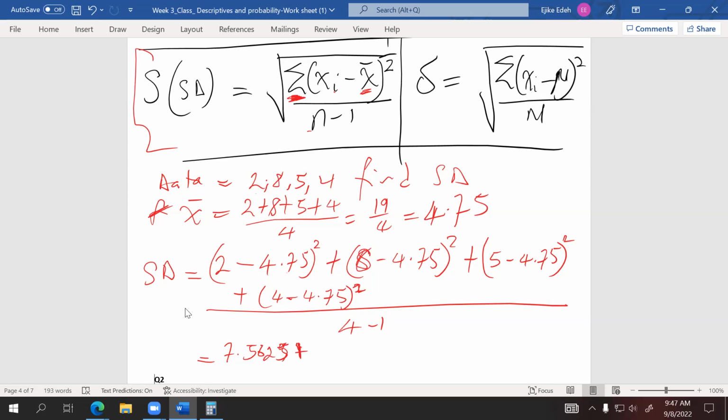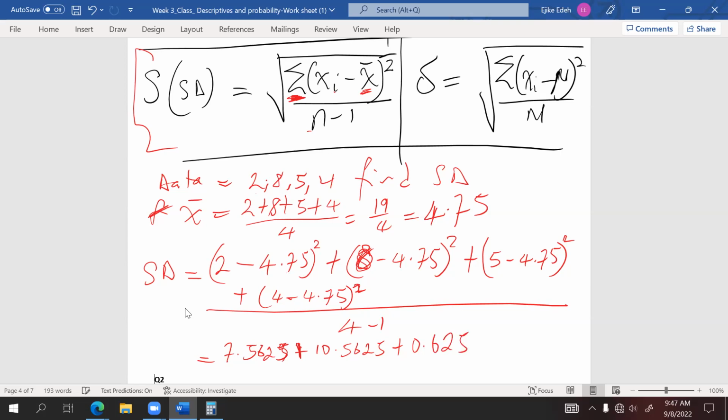Let's continue. The next one is 8 minus 4.75 raised to the power of 2. 10.5625. Thank you. Please keep cross-checking each other, so if anyone does not match, we will know. Then the next one, 5 minus 4.75 raised to the power of 2: 0.0625.